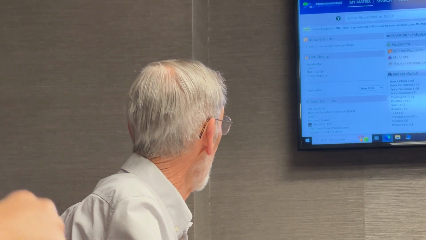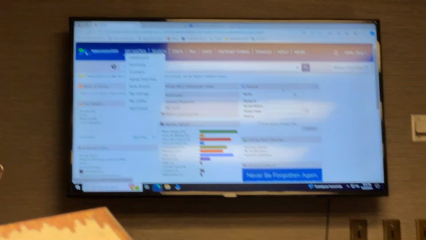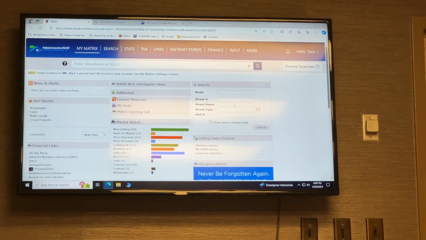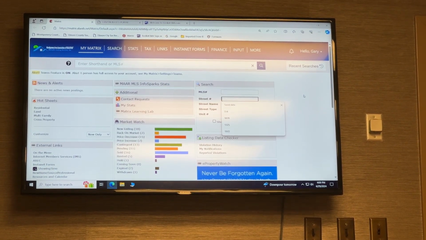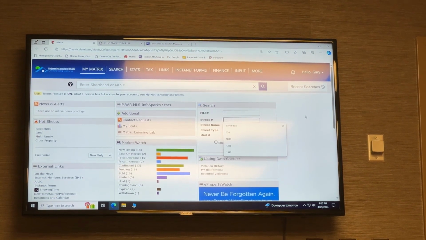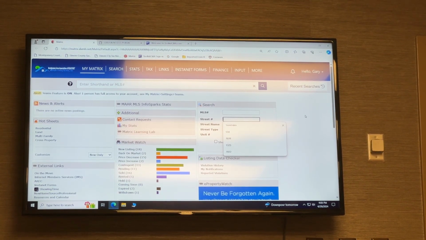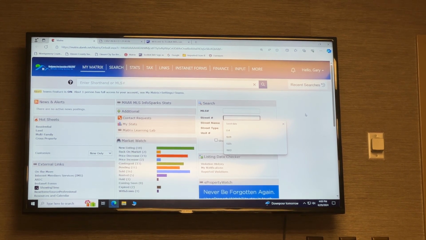So what I always do, I hit my Matrix dashboard, and I'll come in here and say, somebody's got a house that they're curious about. I can give you my address if you want, 6729. I don't go by the street name.